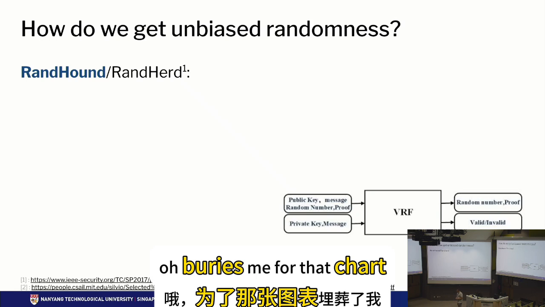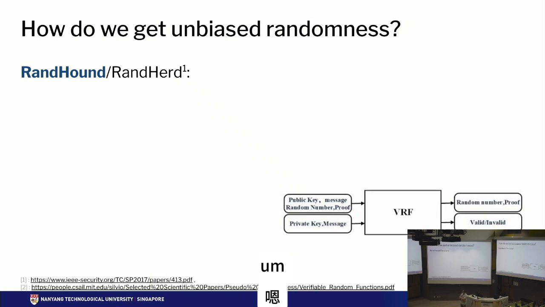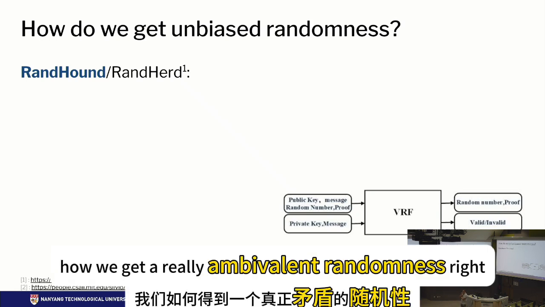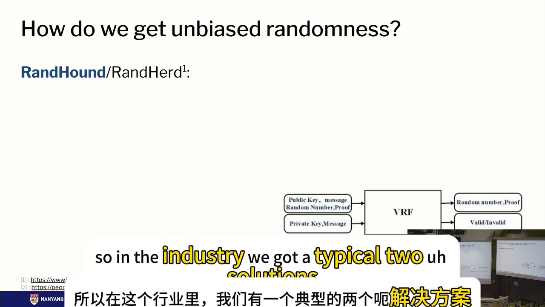Bear with me for that chart. We won't talk about it now. But how do we get really unbiased randomness? In the industry, we have two typical solutions.